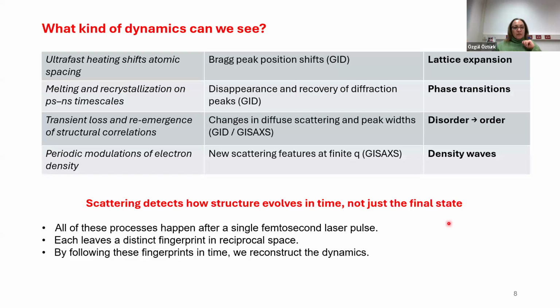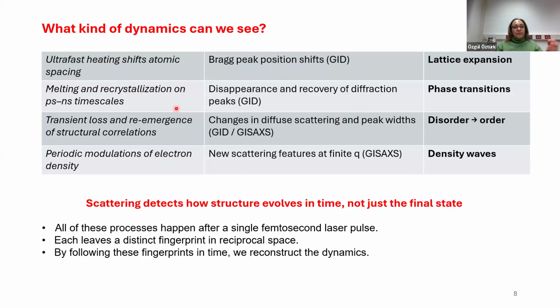So, what can we learn from these dynamics? What kind of dynamics can we see in this experiment? By ultrafast heating, we can shift the atomic spacing of the sample, and this means you have a change in the position of your Bragg peaks, which shows you if you have a lattice expansion in your sample.